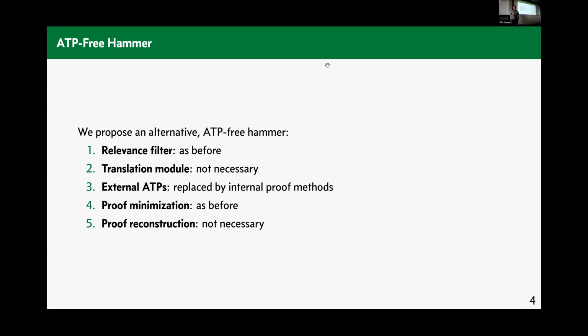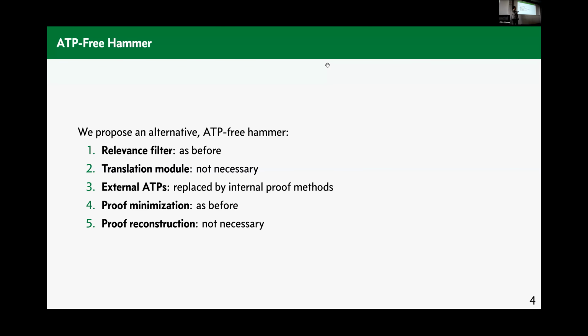And then the external ATPs are replaced by the internal proof methods from Isabelle. The proof minimization is as before, there is no change there. And there is also no need for proof reconstruction because the proof reconstruction would basically use the proof methods to try to find a proof. So since we already use those proof methods for the proof search, if that worked, then we already have something that is acceptable for Isabelle and you can display that directly to the user.